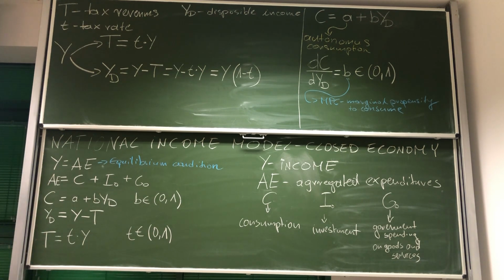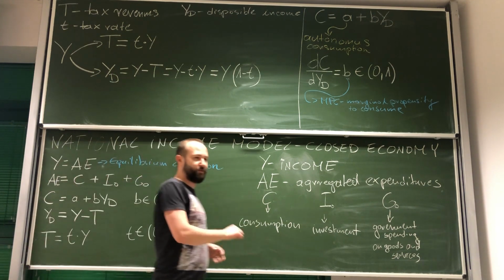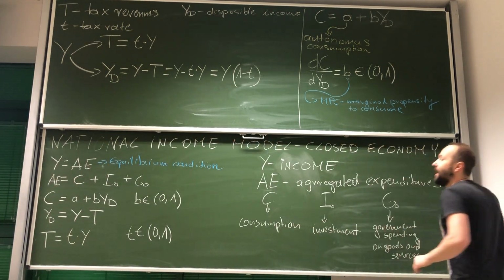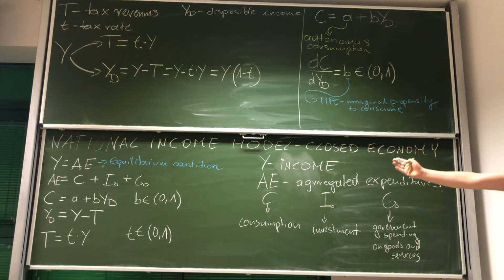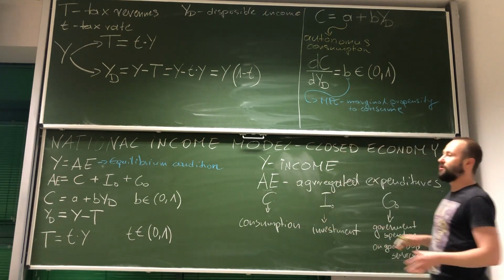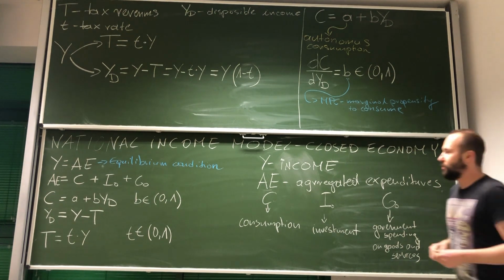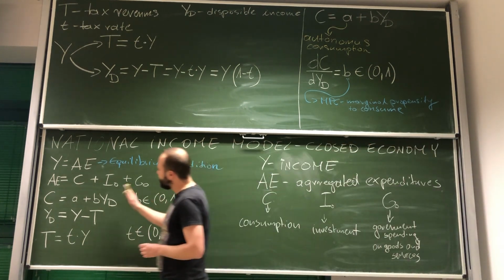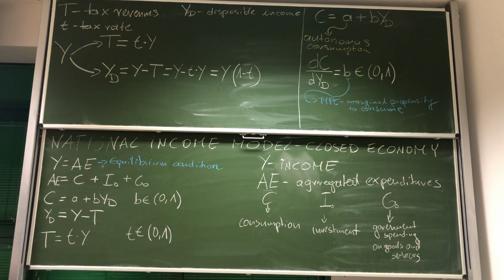Now that we've identified the equilibrium condition for this model, let's dwell on the other equations and what we've got in them. In equation number 2, what do we have?